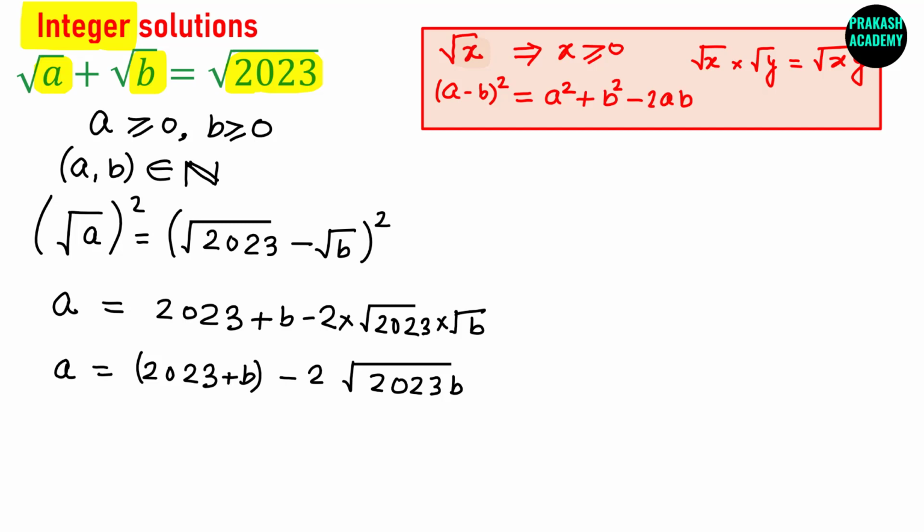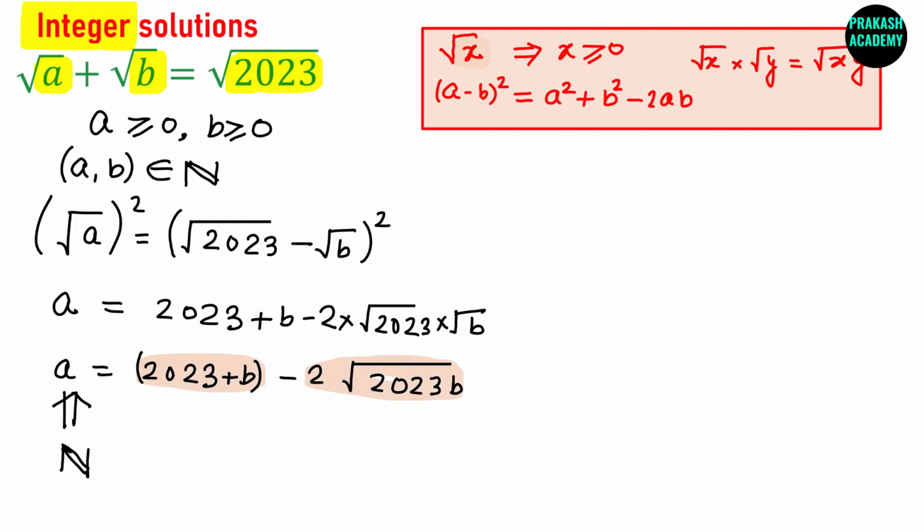So now you see, as I said, a is a natural number. So this a belongs to the natural number set. This means if the left hand side is a natural number, then the right hand side also has to be a natural number. This means on this side you have these two terms, this term and this term.